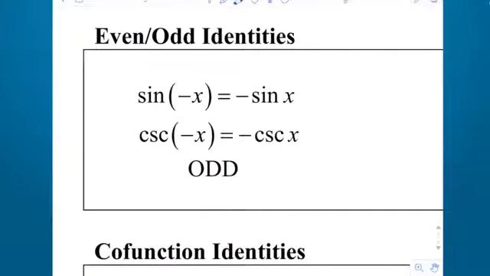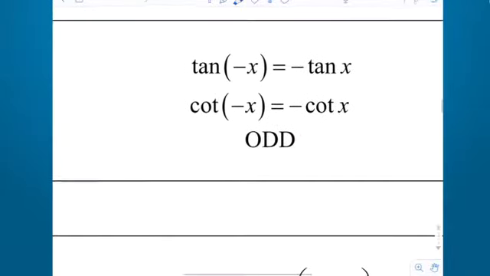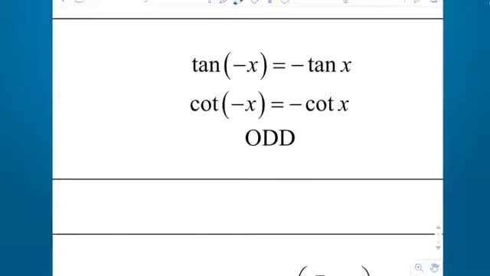So remember, the consequence of an odd function is negative inputs become negative outputs. If you have a negative x, you could pull it out front. So sine of negative x is equal to negative sine of positive x. Same thing with cosecant. Tangent and cotangent are also odd. So tangent of negative x is negative tangent of positive x, and the same with cotangent.